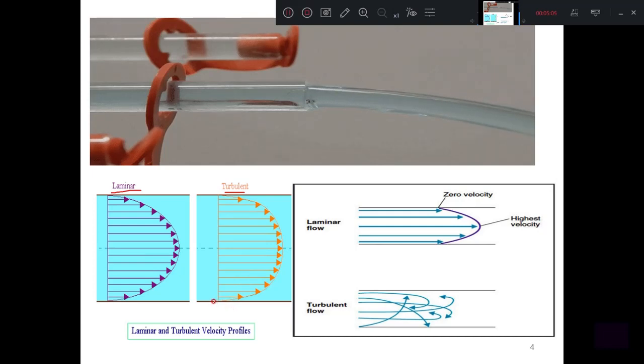One of the most common problems in fluid mechanics is the estimation of this pressure loss. As I discussed previously, there is an energy loss in a pipe. One of the most common problems we come across as a hydraulic engineer is the estimation of this pressure loss.